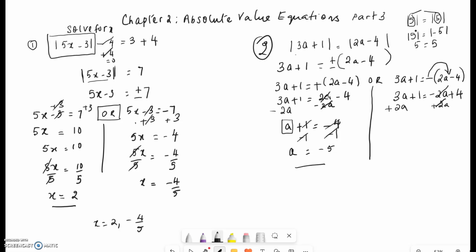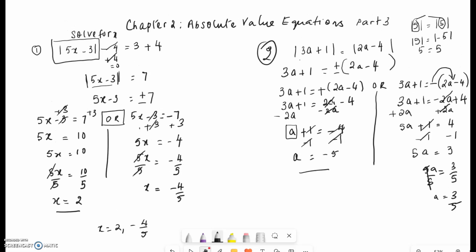So 3a plus 2a is 5a plus 1 equals 4. Now subtract 1 from both sides. 5a is equal to 4 minus 1, which is 3. We divide both sides by 5, so you get a equals 3 over 5.